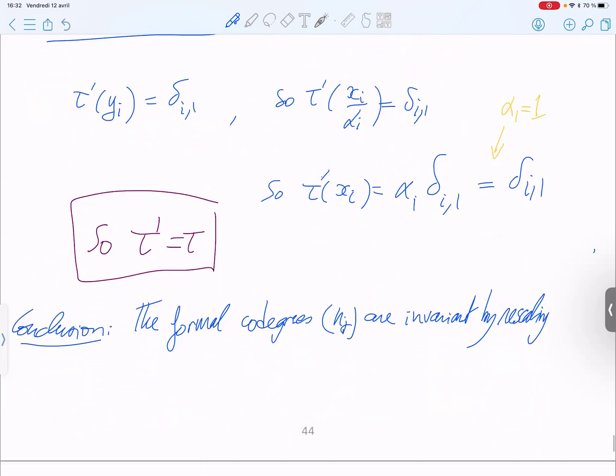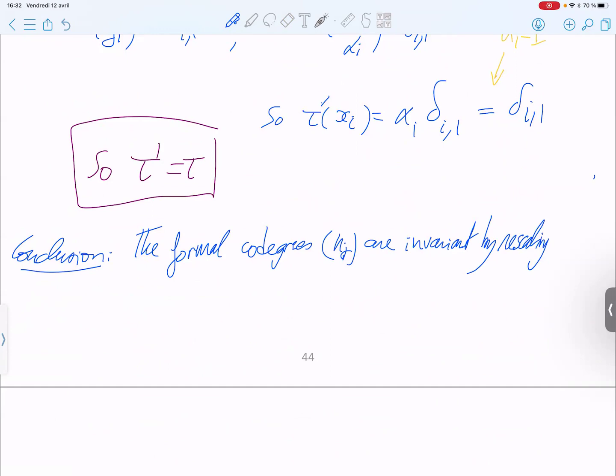Because n_g equal tau of f_j equal tau prime of f_j. Anyway, so that's okay.